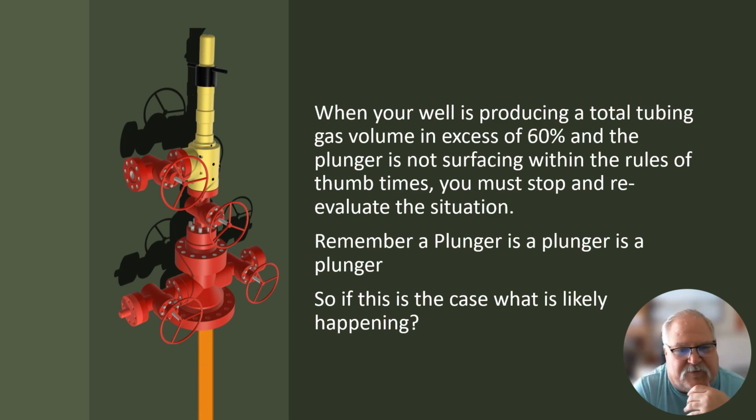And again, remember, a plunger is a plunger is a plunger. They will operate in a GAPPL well the same as they operate in a non-GAPPL well, and should come to surface and should respond to the total tubing flow production as if it was just a regular well. So if there's anything out of line, there's something else that's probably happening.